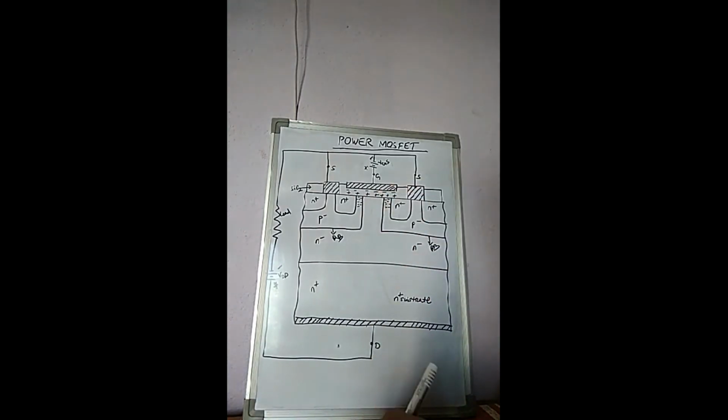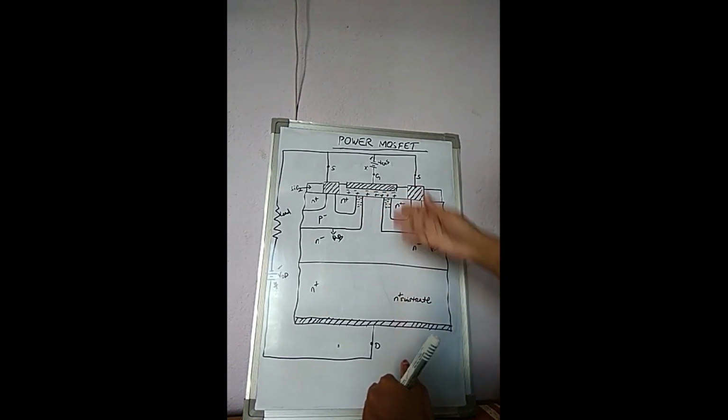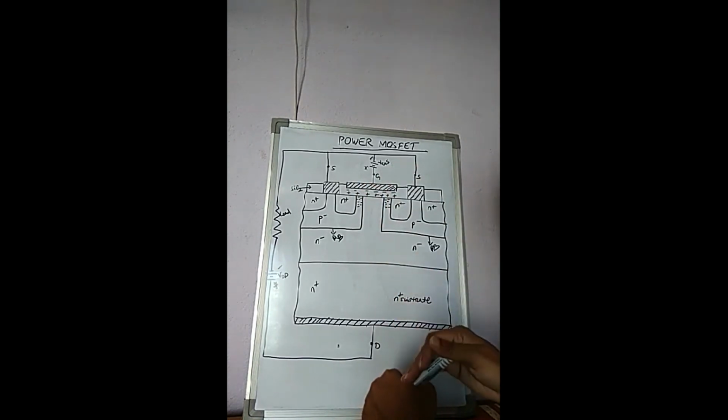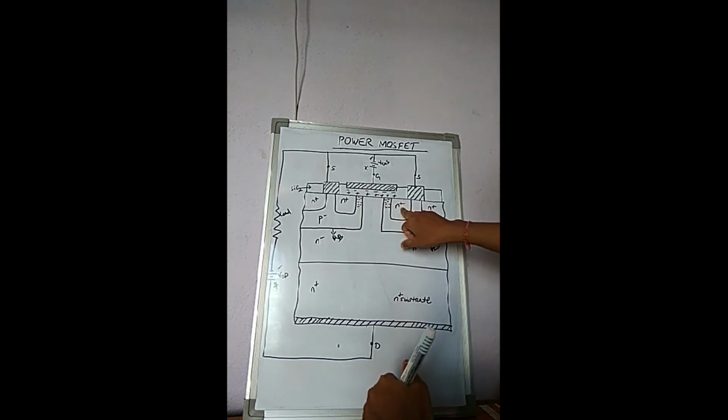There is again formation of charge carriers, called electrons, and these form an N channel. This is N plus, this is N minus, and here the charges are electrons, so this forms one N channel. Again this is N plus, here electrons, this is the N minus layer, so it also forms another N channel.